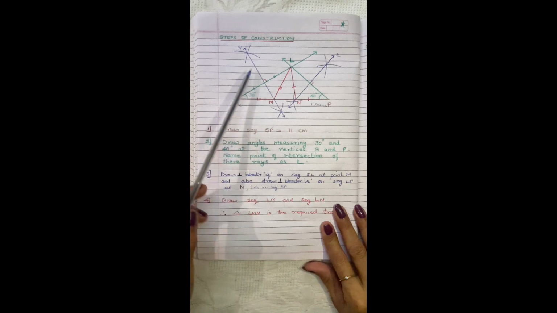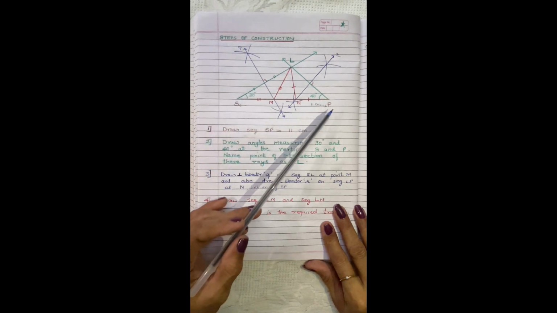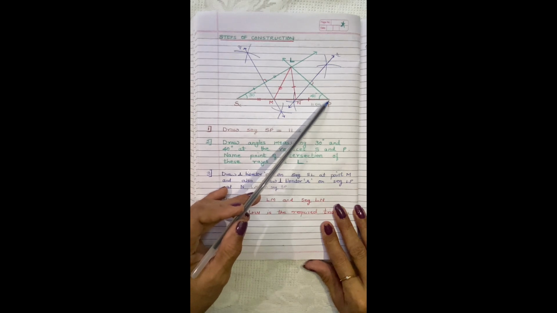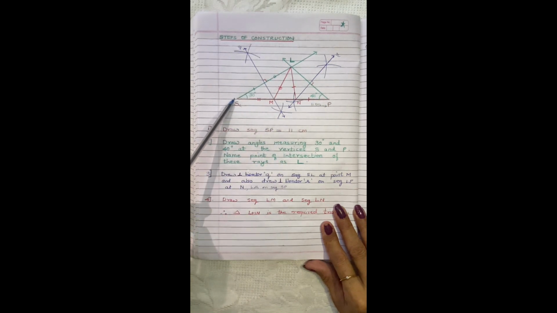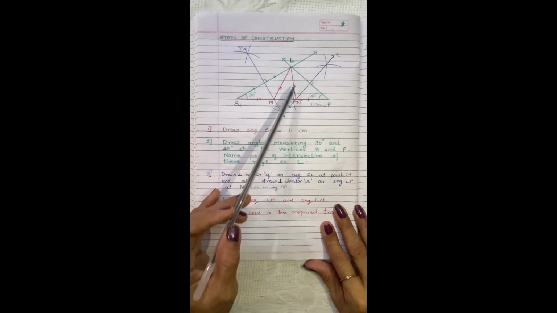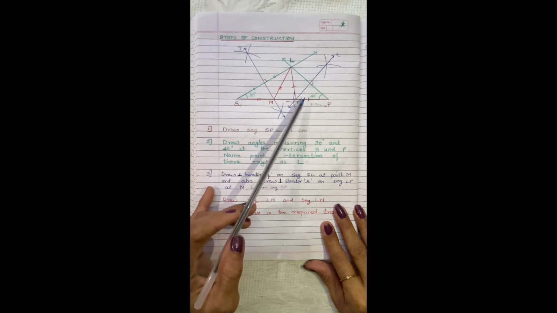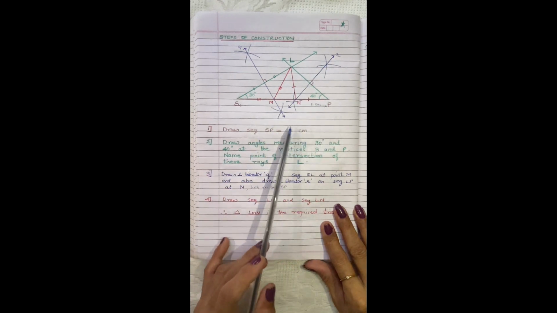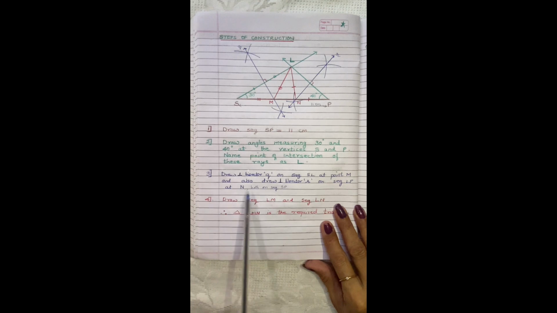Draw perpendicular bisectors of segment SL and segment PL, taking more than half of the line and then drawing the arcs above the line and below the line. In the same way here, drawing the perpendicular bisector on both.